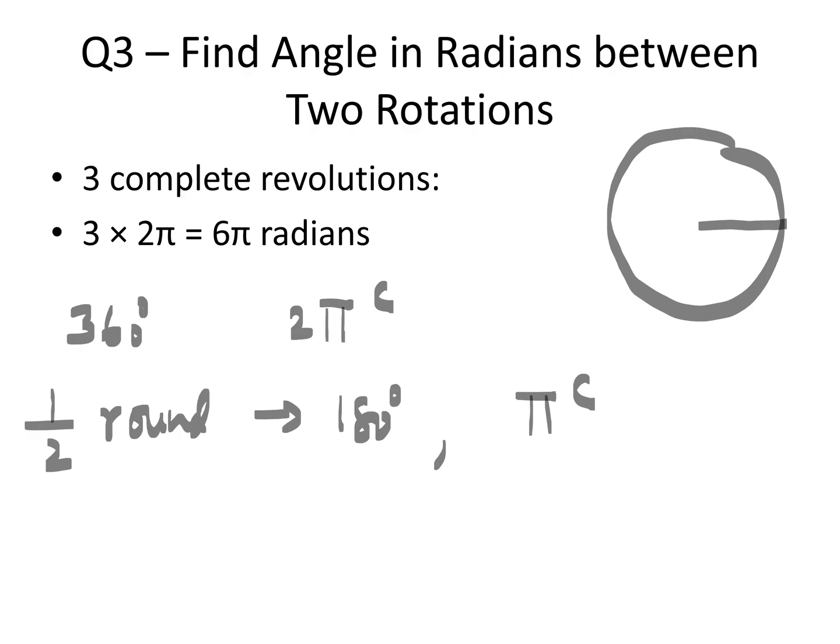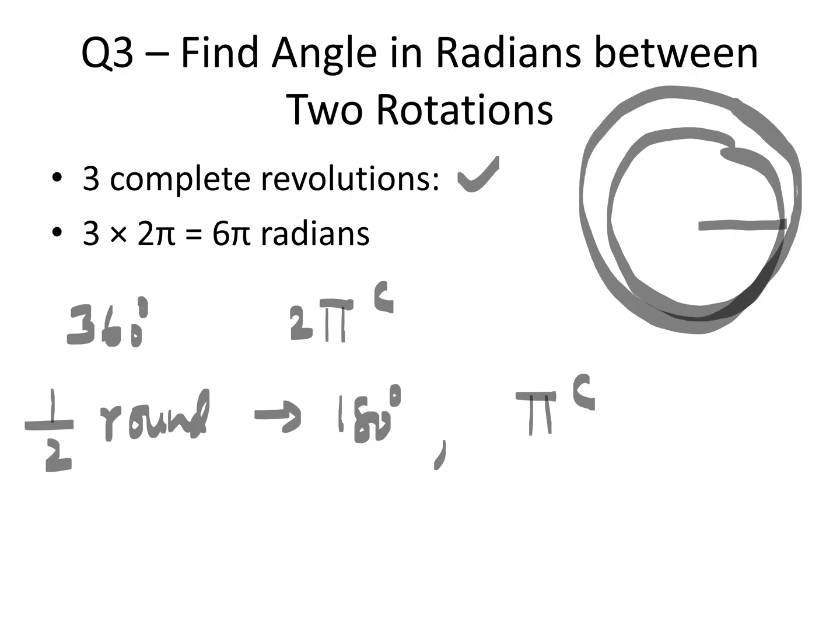Suppose three complete revolutions. That means 3 into 2 pi. You have to travel 6 pi radians.